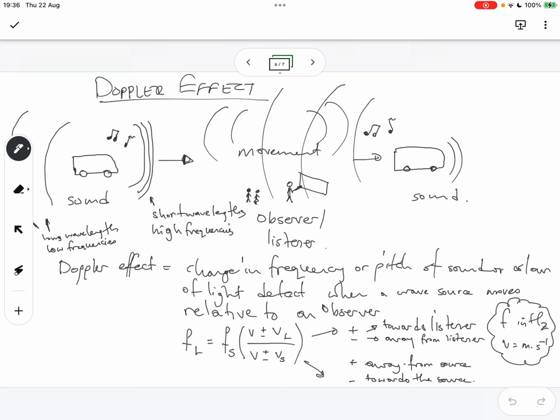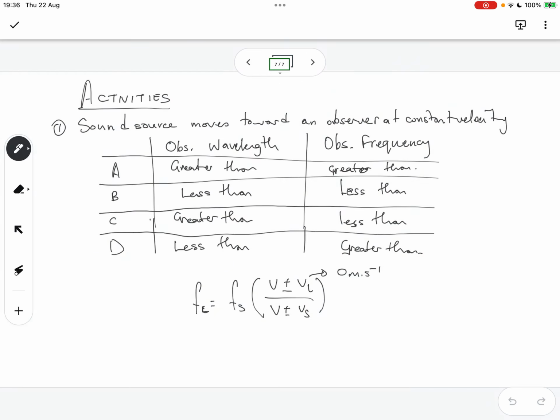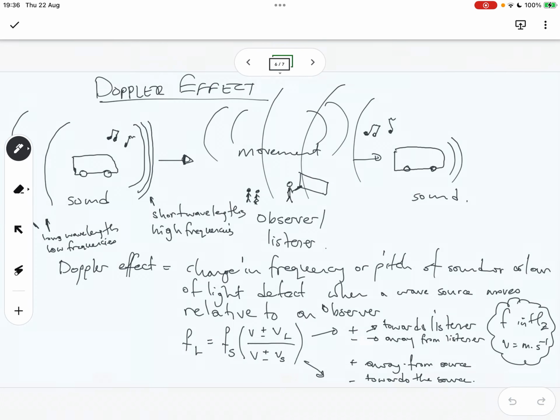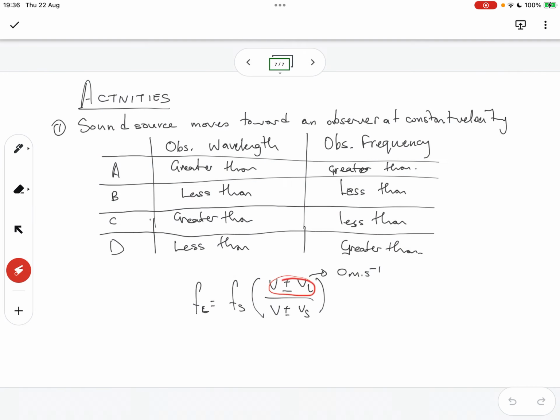From that of the sound source, right? So we don't know what the values are, but we need to think about what the case might be in this situation. Okay? So what we know from our formula is that with respect to the listener, plus is used when we are considering towards the observer, and negative is away from the observer.